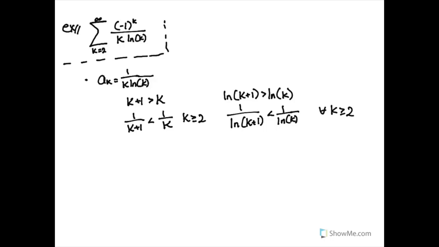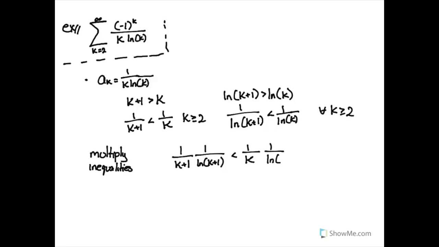Right. So if I multiply these two inequalities, I get that 1 over k plus 1 times 1 over ln of k plus 1 is less than 1 over k times 1 over ln k.